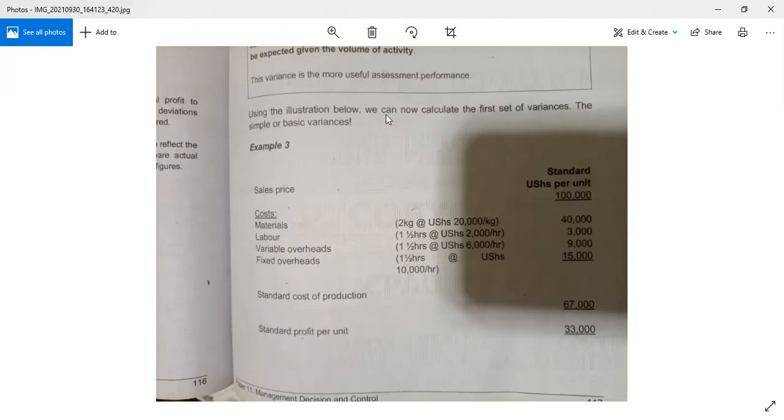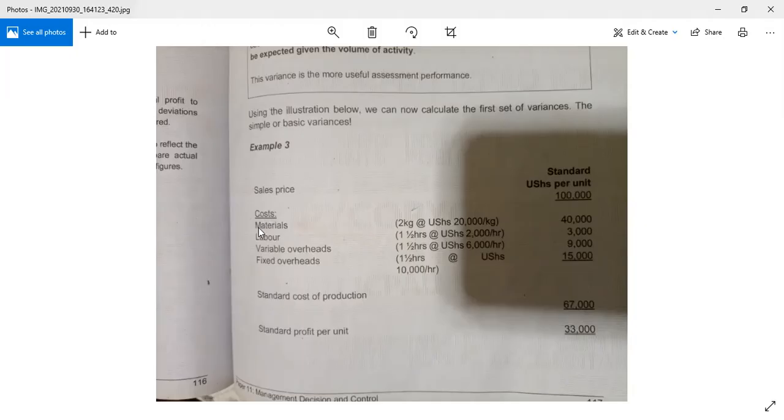So it says, using the illustration below, we can now calculate the first set of variances, which are the basic or simple variances. So they have first given us a standard costing statement. They have given us the selling price. As you can see, the selling price is 100,000.